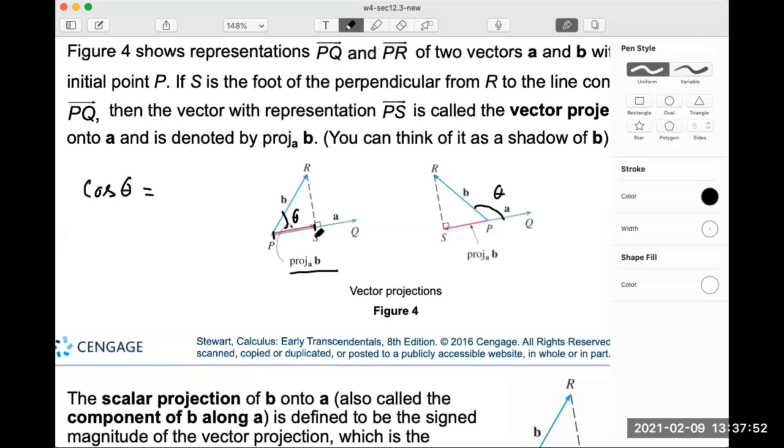Let us call this red one here the projection of A on B. Then cosine will be the magnitude of this projection vector divided by the magnitude of vector B here, right? You all see it?